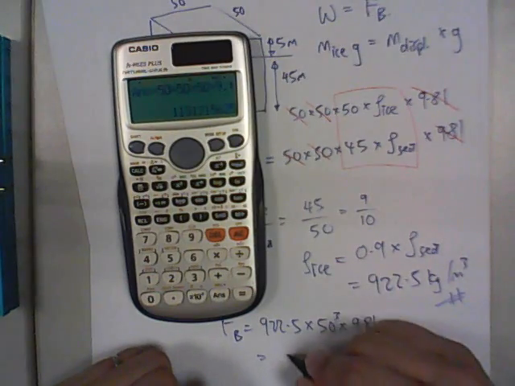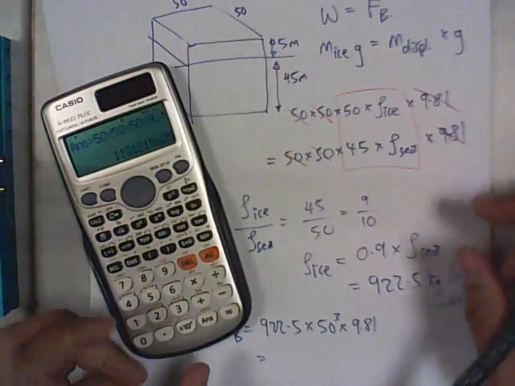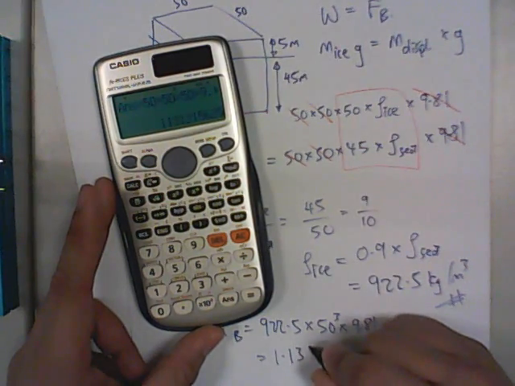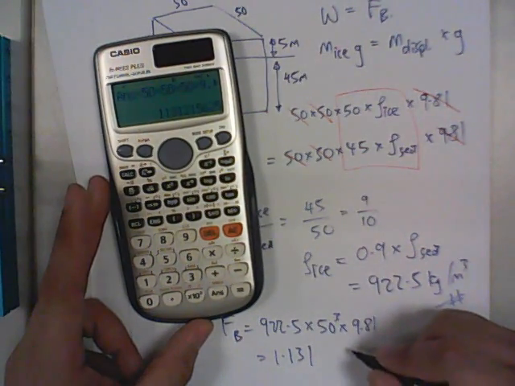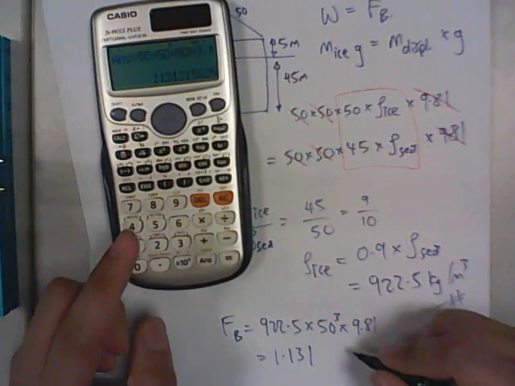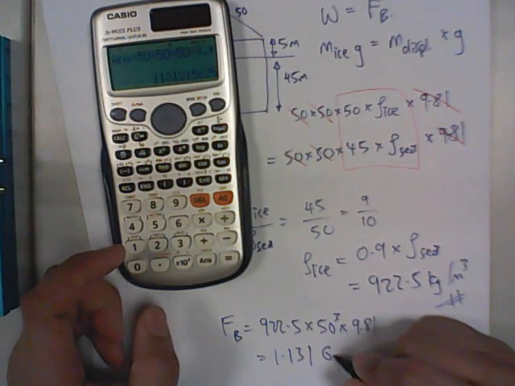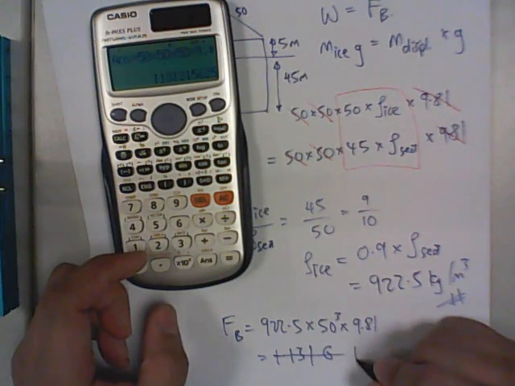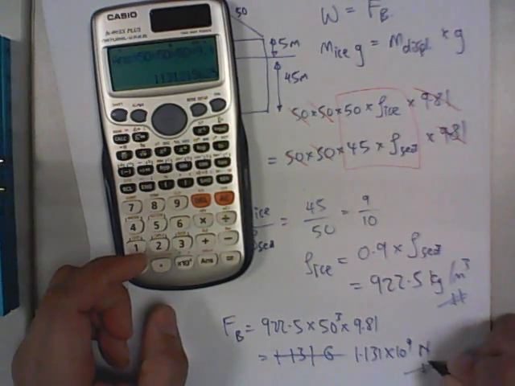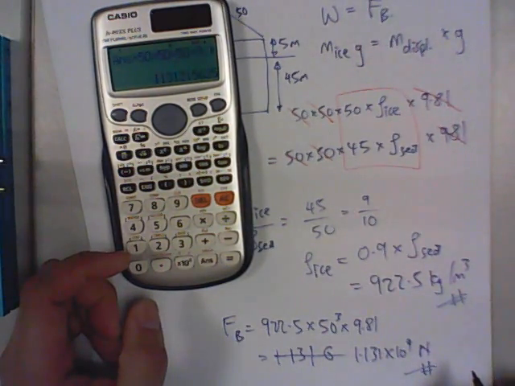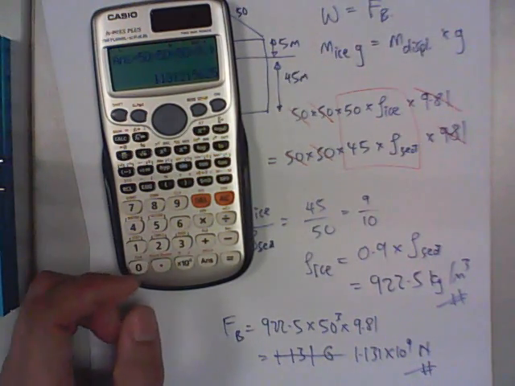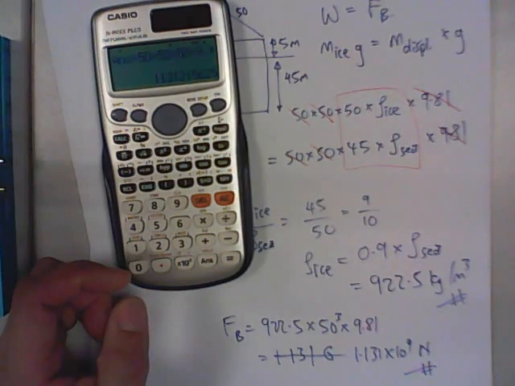Okay, very big number. 1.131 kilo Newton, meganewton, giga. Wow, times that. Okay. 1.131 times 10 to the power 9 newtons. Alright. So that's question 1, example 1-3.